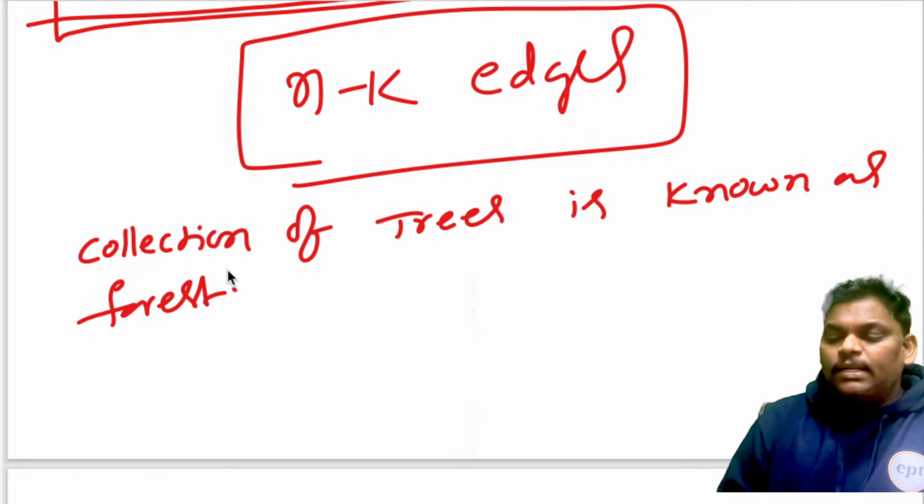So a forest is a disconnected graph where more than one tree is available. I am repeating once again: a forest is a disconnected graph where more than one tree is there.